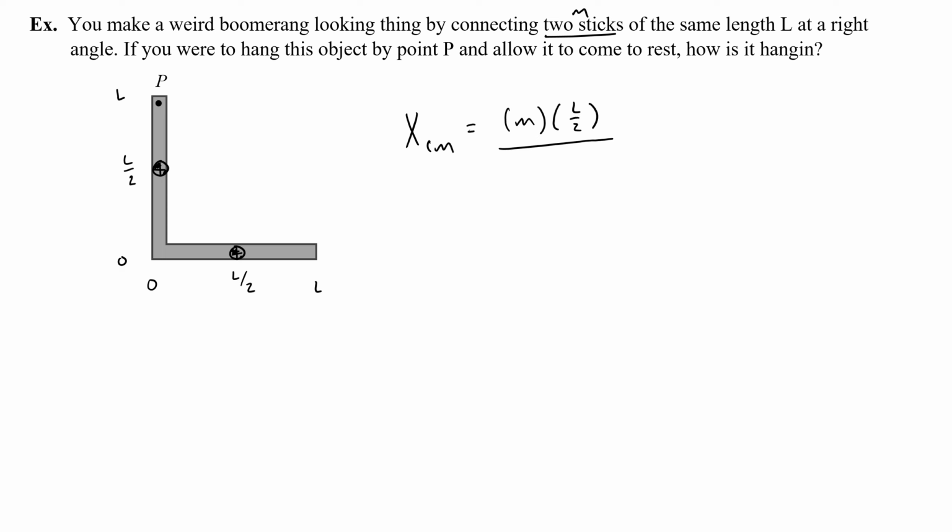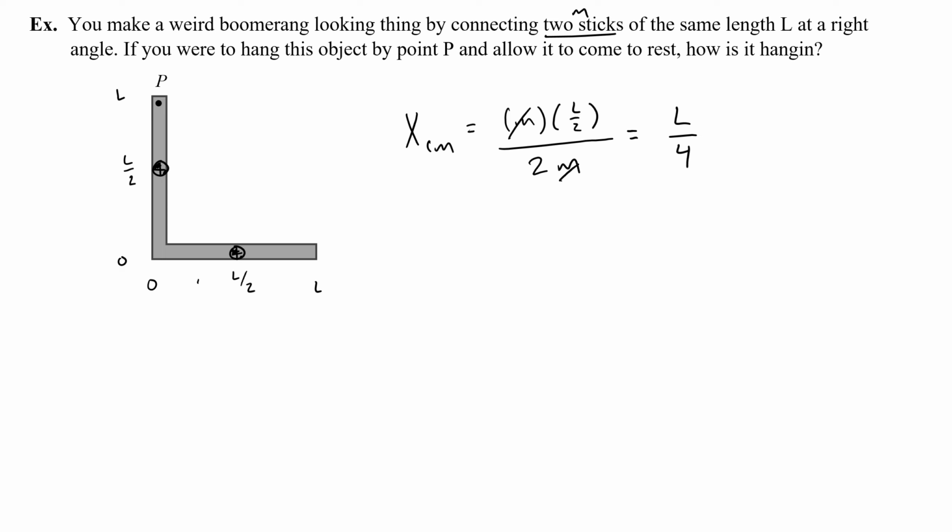Well, the total mass is actually 2 of these bars, so it's 2m. Even though this bar is not contributing anything in the x direction, we still have to include the mass in our mass distribution, and you'll see it makes a big difference. And so the m's cancel, and we'll get 1/4 L, or L/4.